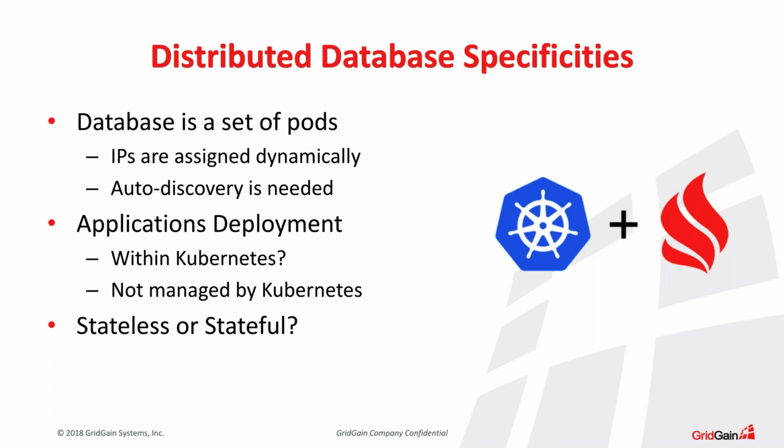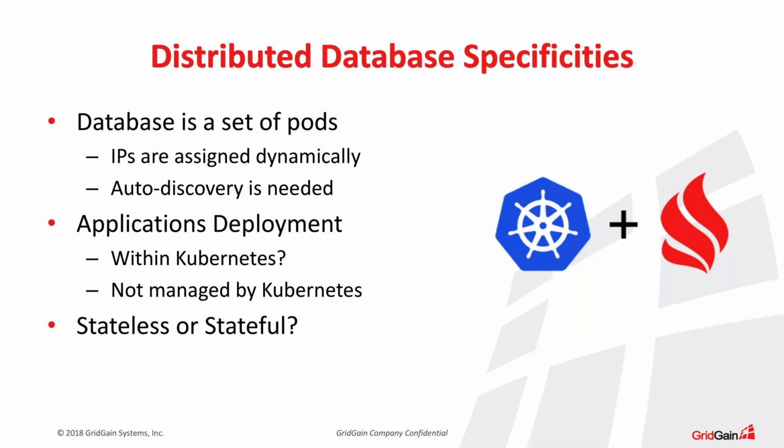The first one is that a distributed database in Kubernetes is a set of two or more Kubernetes pods, which means that you need to find a way for all these pods to discover each other within your Kubernetes environment, so that they can interconnect and form a single cluster for your distributed database. So what are the difficulties with that?